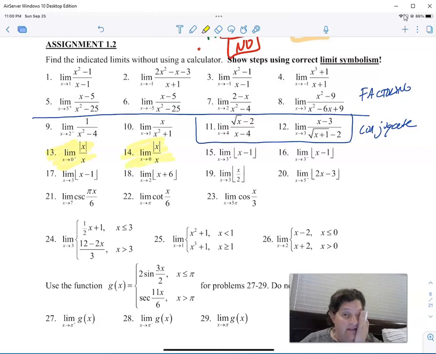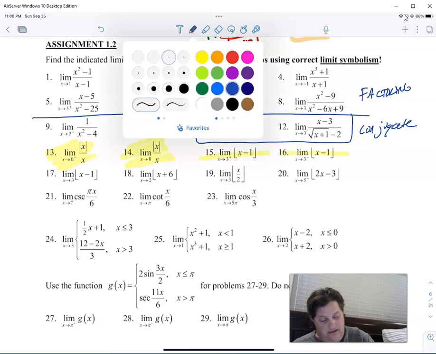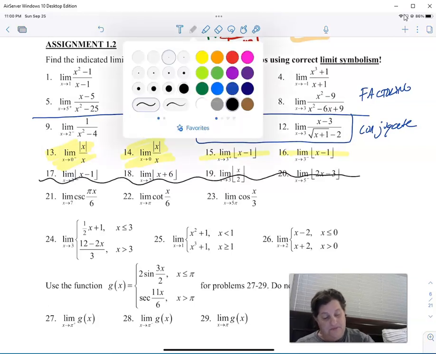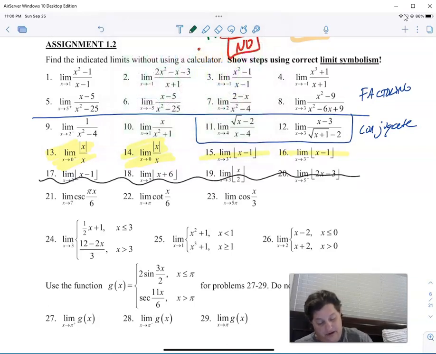Don't worry about doing it unless you want to look at the graph of it. We'll talk about it. Same with these step functions. We'll talk about those tomorrow. The last part, just to practice a little bit of trig, is all just direct substitution. So figure out cosecant of 7 pi over 6, cotangent of pi over 6, cosine of 5 pi over 3. See if you can do that.